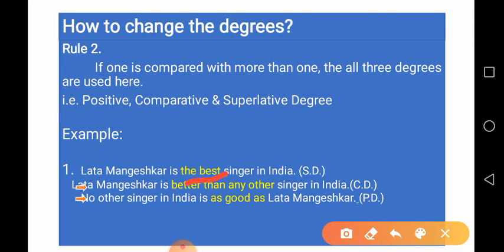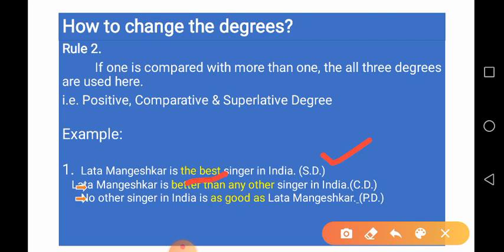The positive degree of the word best is good, comparative is better, and superlative is best. Because of that word best, we understood that this is a superlative degree.